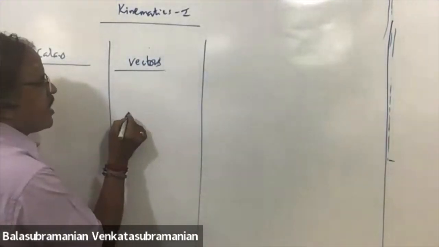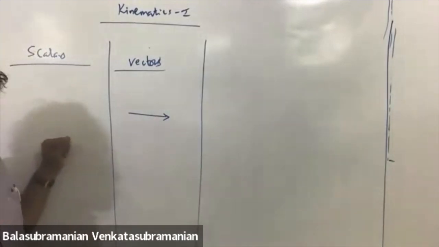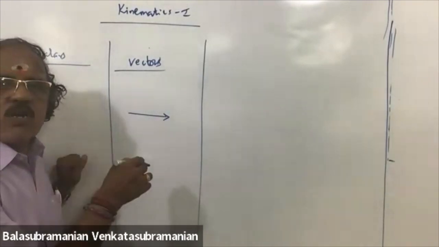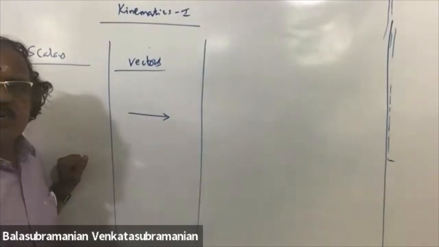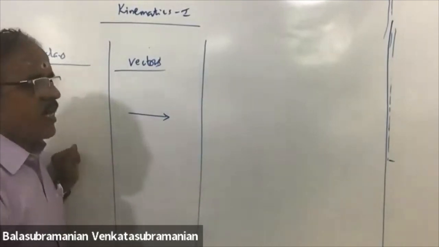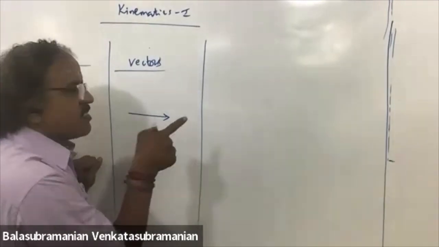You represent a vector by a line with an arrowhead. The arrow represents the direction.